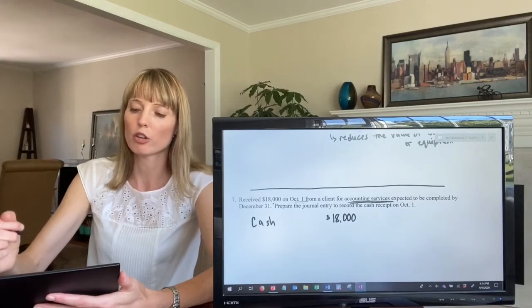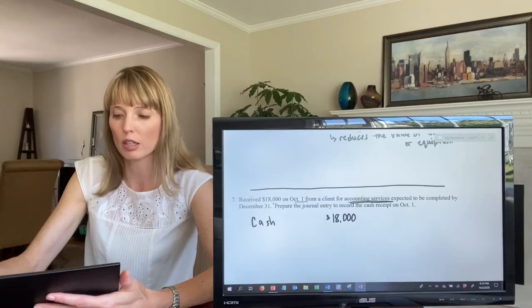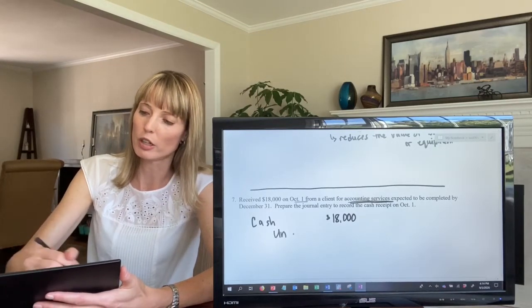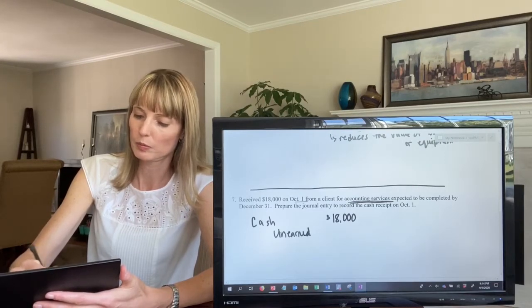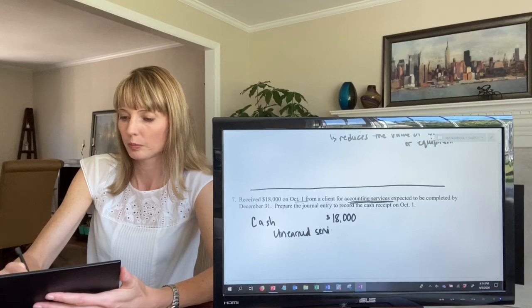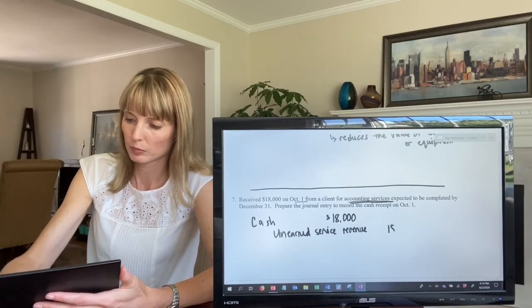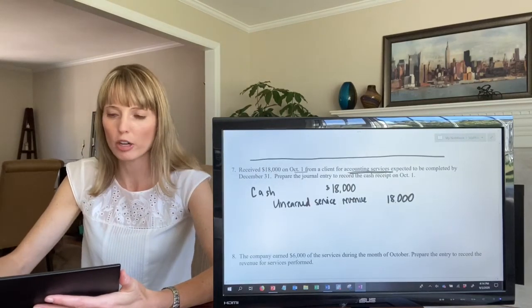We're going to credit the account that says we owe services to customers in the future. Unearned revenue or unearned service revenue.